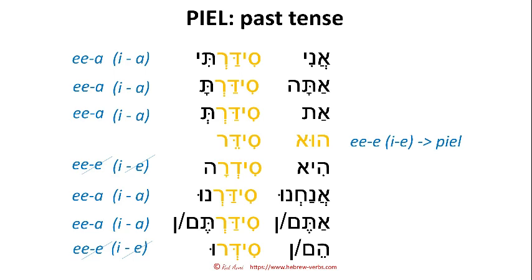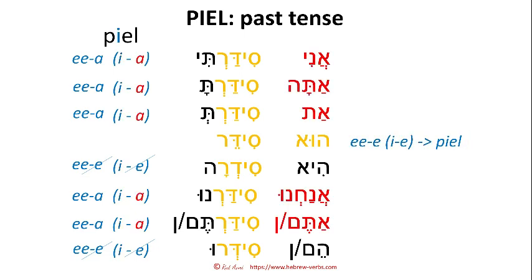Okay, what happened? Well, now comes the explanation that is good for all binyanim. We are in PIEL, right? So what you see is they all have the I vowel because it is PIEL. That means the first vowel always comes from the binyan, but not the second.